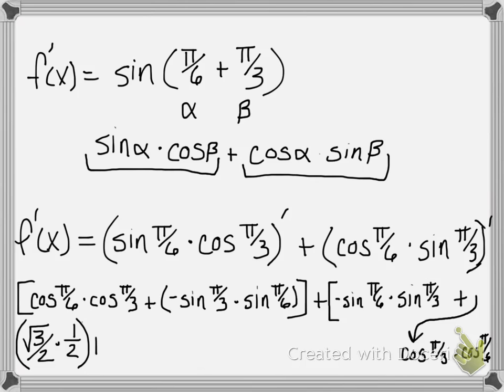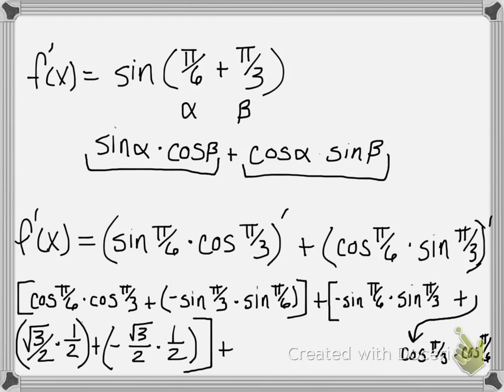Alright, so it's going to be plus the sine of pi over 3, which is the square root of 3 over 2, times 1/2. Alright, so those are going to be multiplied together and added.